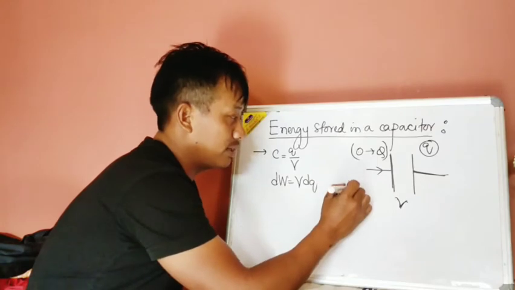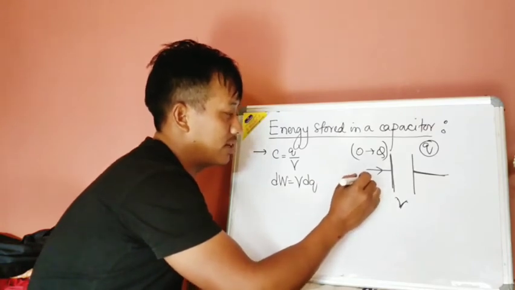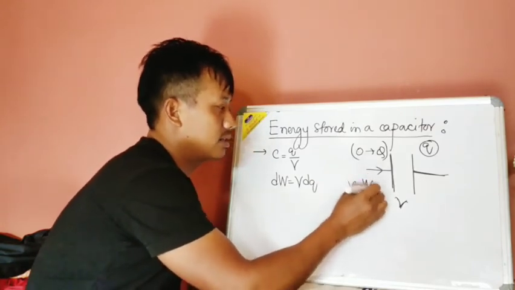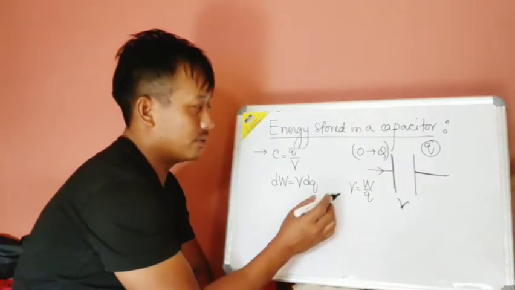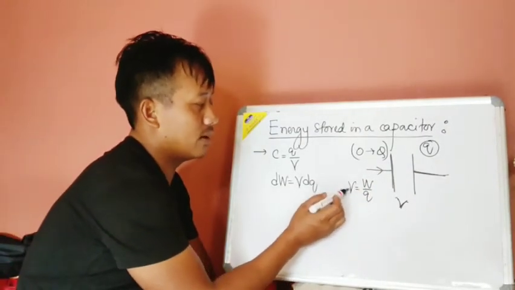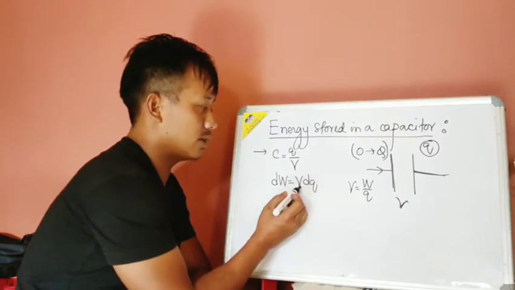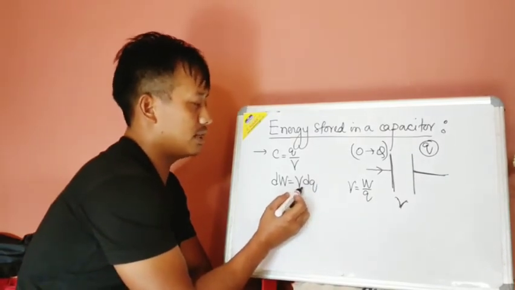This comes from the definition of potential difference. Potential difference is work done per charge. So if you want to find work done, it should be the product of potential into charge, V dq.